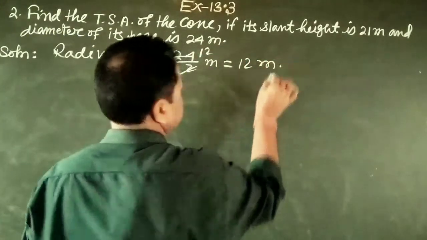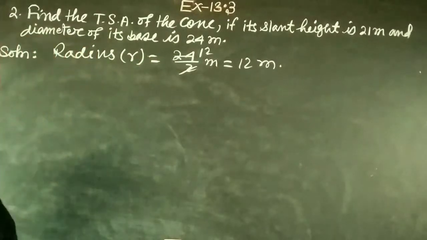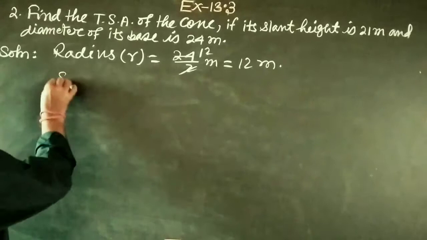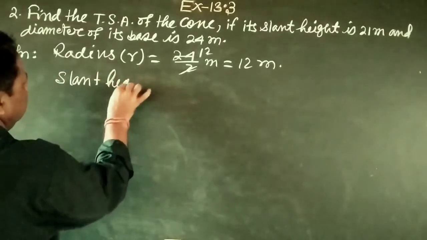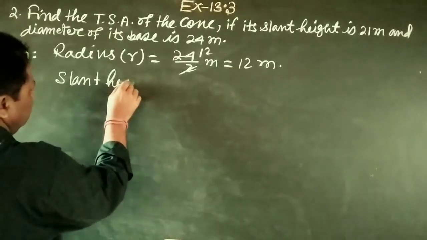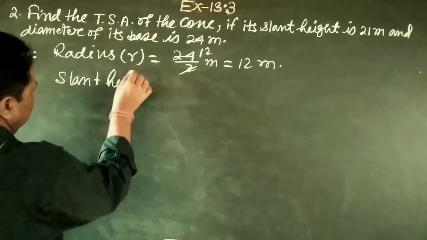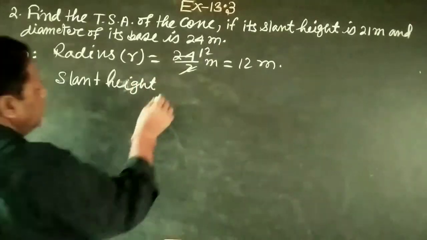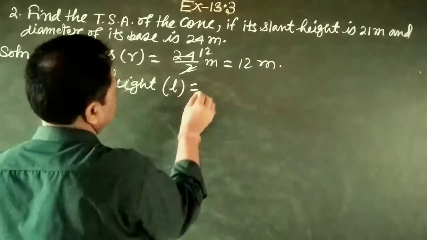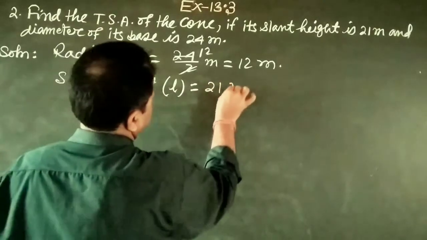Given slant height is 21 meter. Slant height we denote by the letter L.